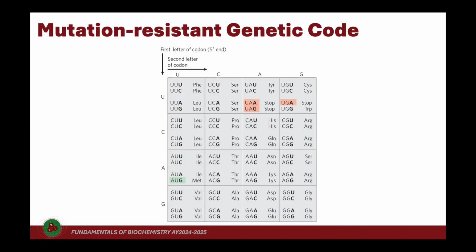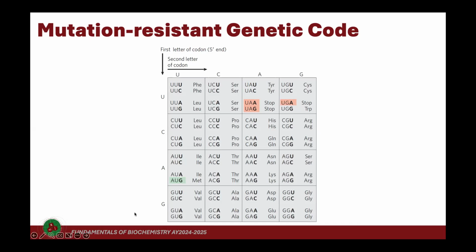So if we look at the impact to the protein molecule, if we get this kind of mutation, there should be very minimal impact. And especially if this amino acid is not part of the active site, it's more for the architecture of the protein, then there should be minimal to almost no effect. So that's what we call a missense mutation. So you get a different amino acid due to the mutation, right? And of course, due to the wobble hypothesis, that can also give rise to the resistance of the genetic code to mutation.